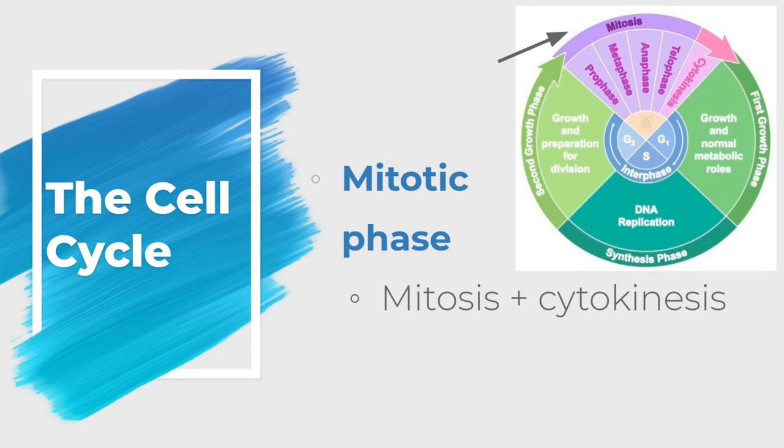So another big misconception is that cytokinesis is actually one of the steps of mitosis, and it's not. It's completely separate. But mitosis and cytokinesis together make up the mitotic phase, just like how G1, S, and G2 make up interphase.